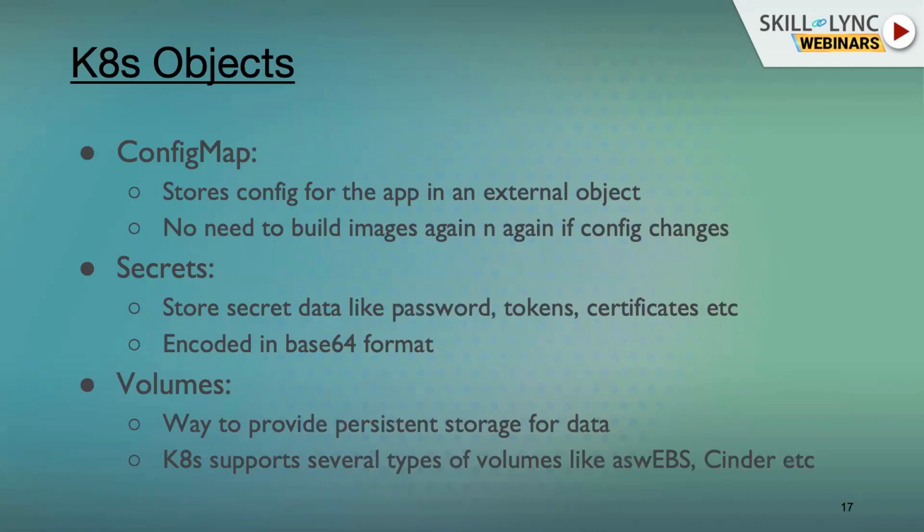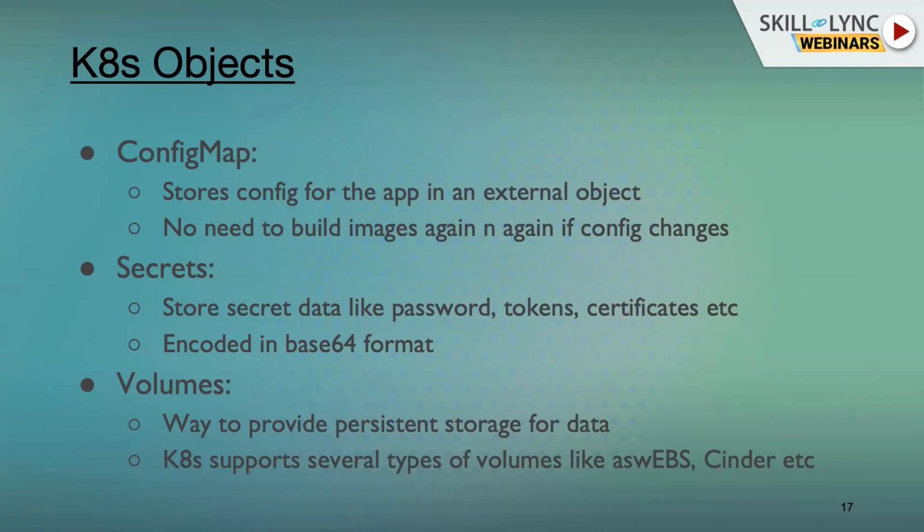Now there are some more objects. Usually any application would have some sort of config files, or would need some config data, like what ports they are exposing, the path of config files that the application needs, or some environment variables that it needs access to, and all sorts of things.